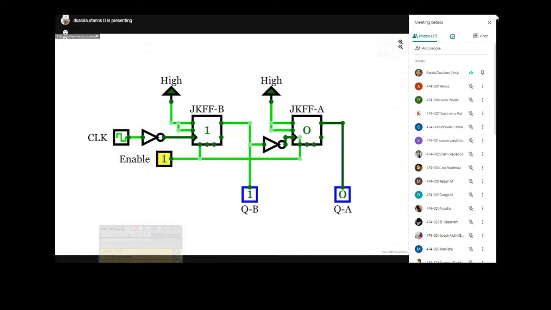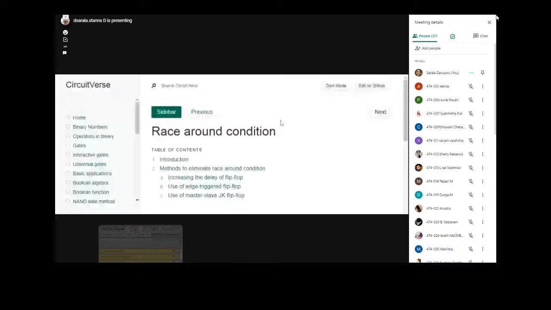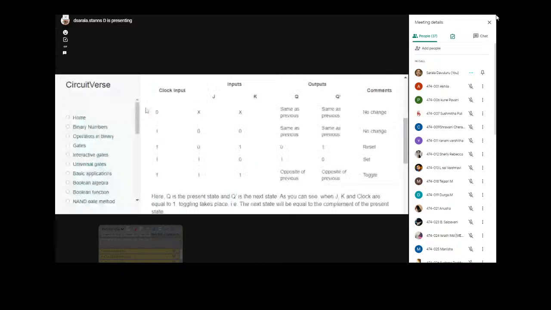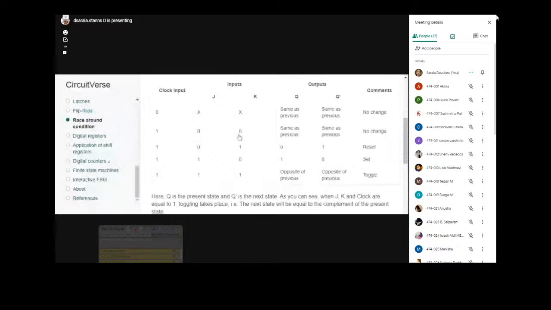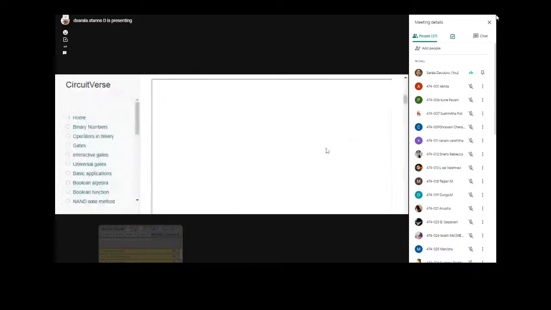So this is how you will be constructing a mod 4 counter. If you add one more flip-flop here, it becomes a mod 8 counter. So this is how you will be doing it.